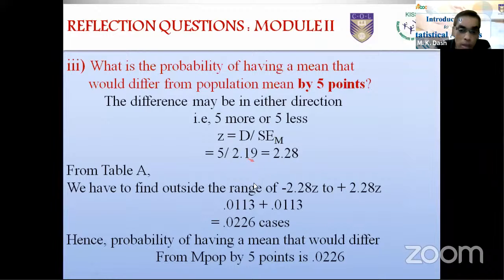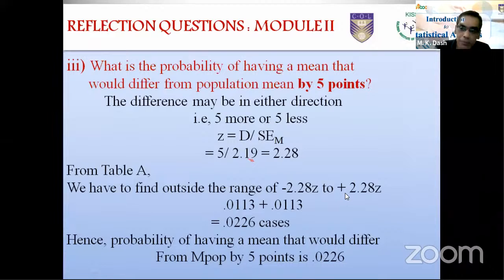So here, what we are doing, you just mark it. What would be the probability of having the mean that would differ from the population mean by 5? If you go to the left side, you get 0.0113 beyond minus 2.28, and after 2.28 you also get 0.0113.